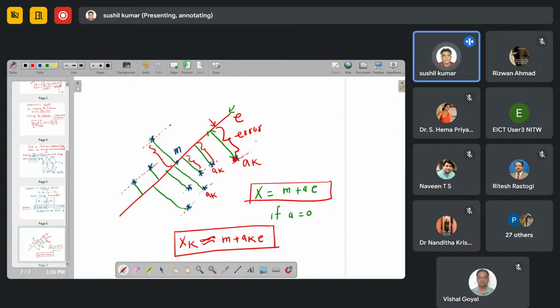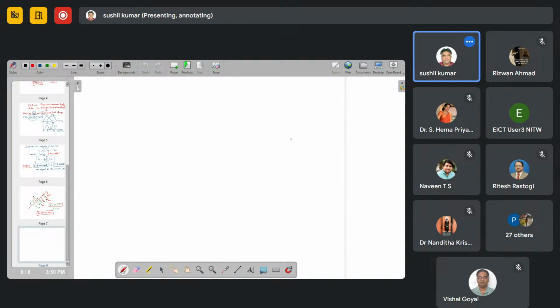So this error is separated from this line, and you get the error. What can you write here? I will write on the next page. This is for J of a1, a2, ..., an, and this is the error. How can you write it?